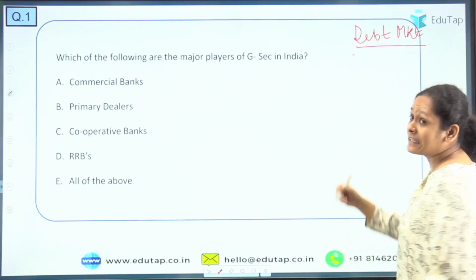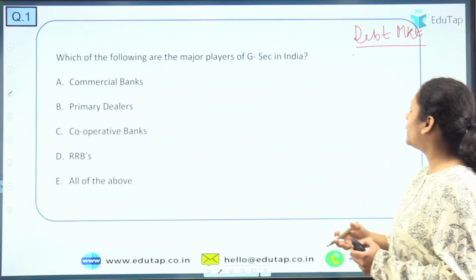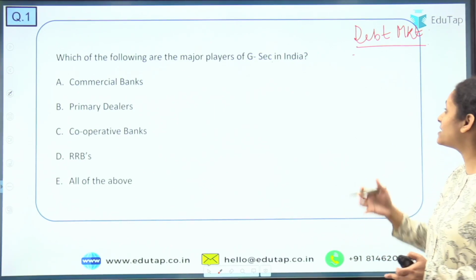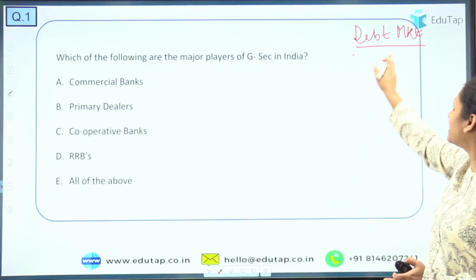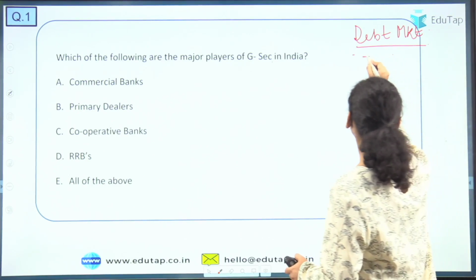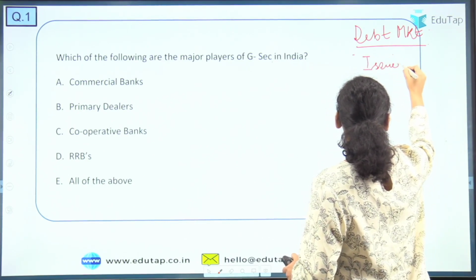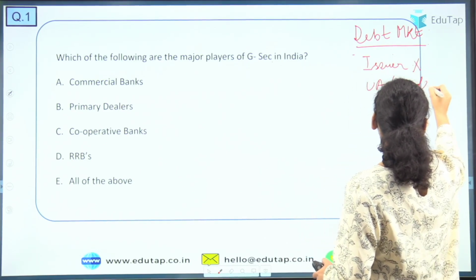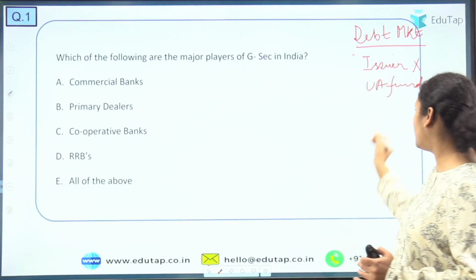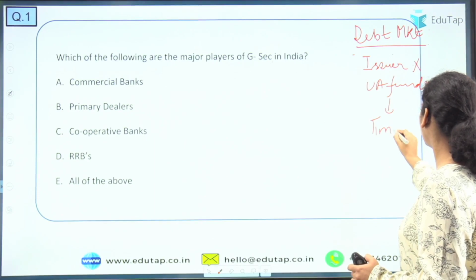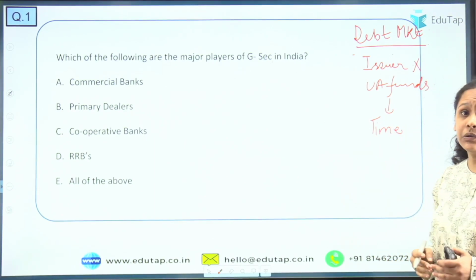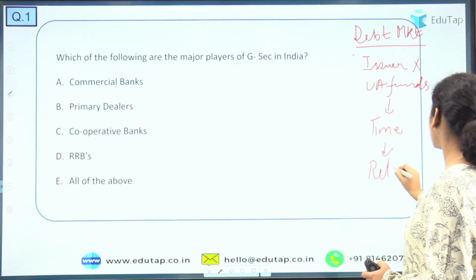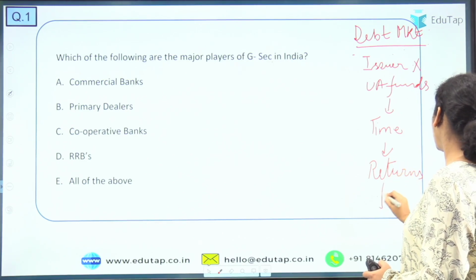Please keep in mind that unlike the equity market, where the issuer, or you can say the person who is borrowing the money, has unlimited access to the funds, in the case of the debt market, the issuer does not have unlimited access to the funds he receives. He has to return the funds after a certain period of time, and unlike the equity market, in the debt market the returns are fixed. Returns are fixed in nature.